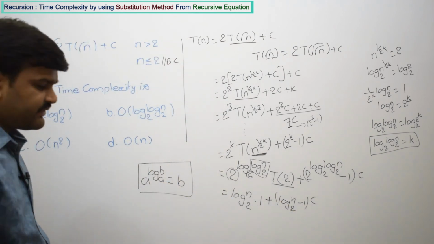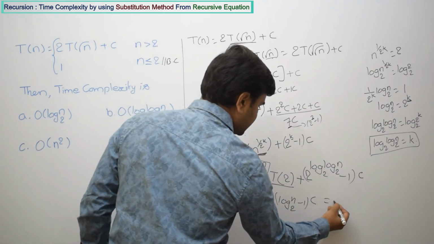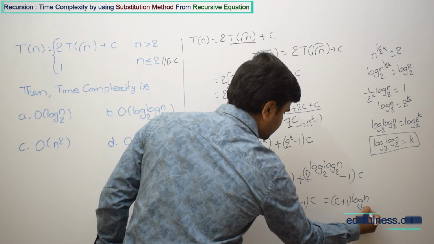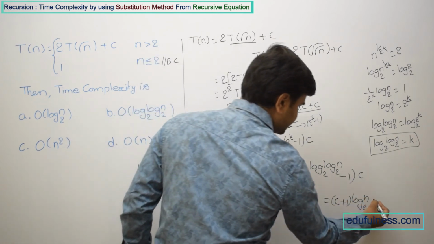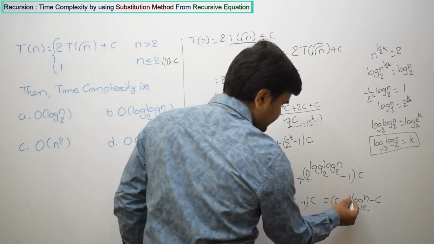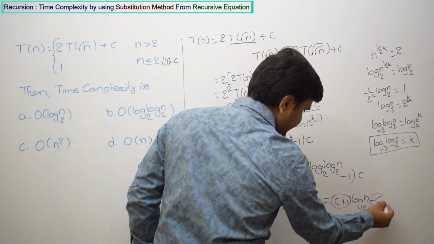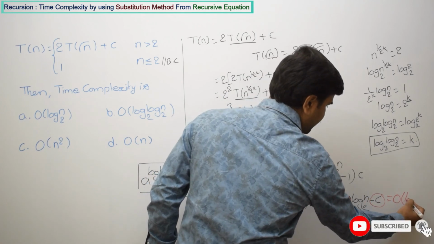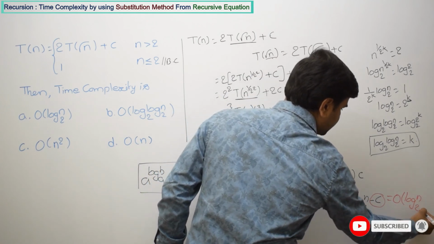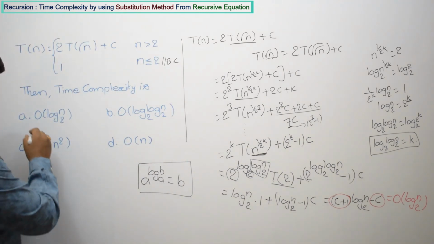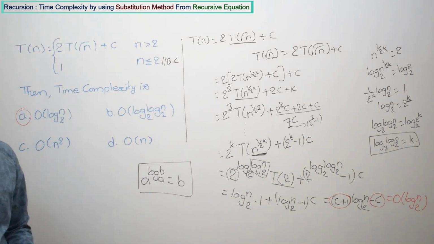If you simplify this, we get (c plus 1) log n base 2 minus c. Now c plus 1 is a constant and minus c is a constant, so what is the time complexity? Big O of log n base 2 is the time complexity. So the answer is option A.